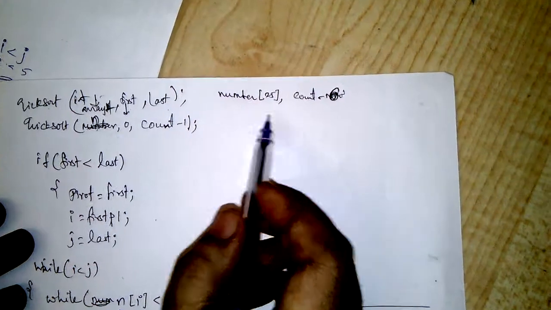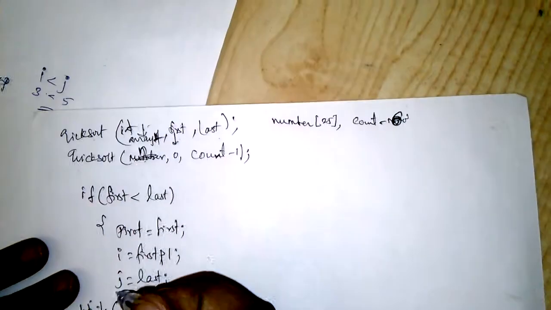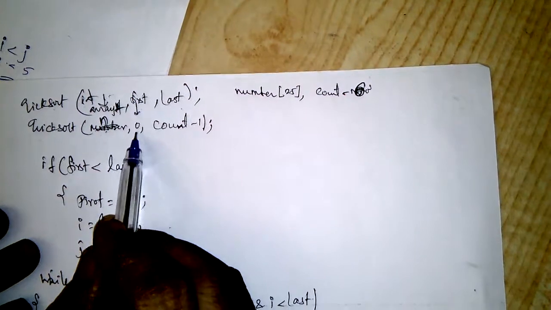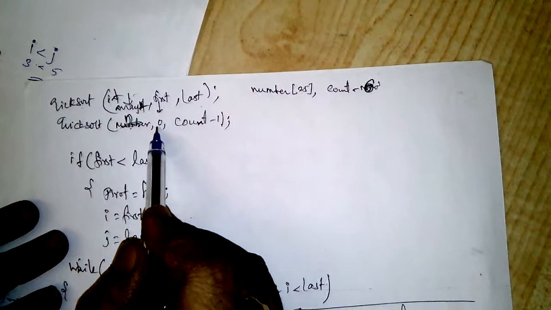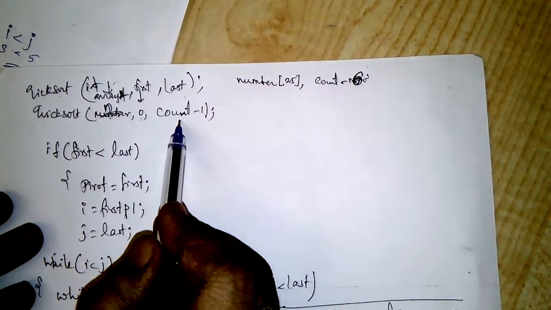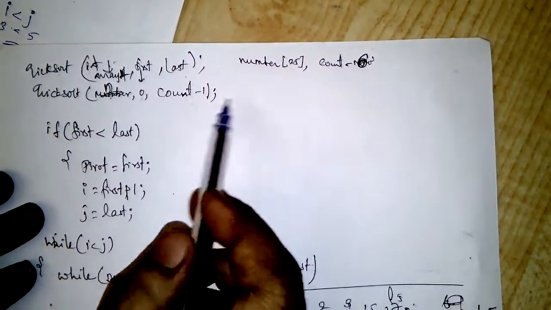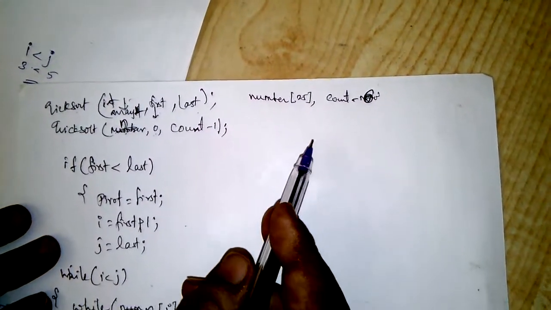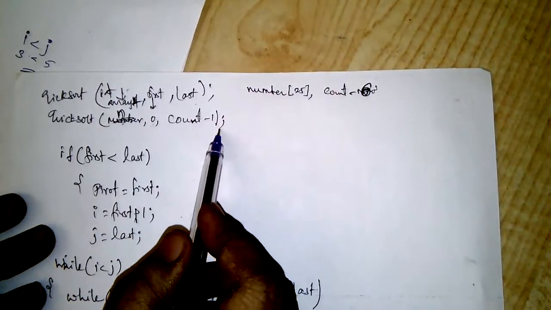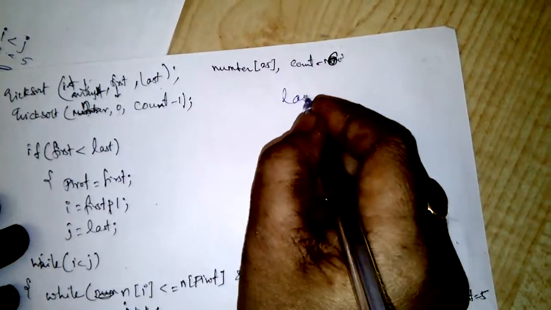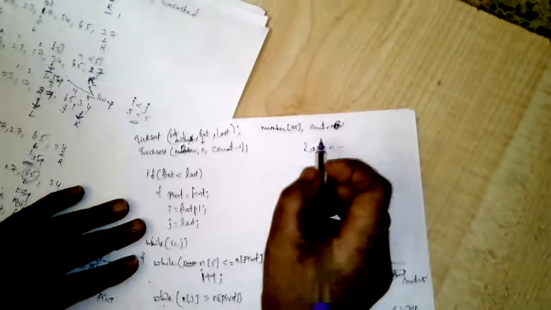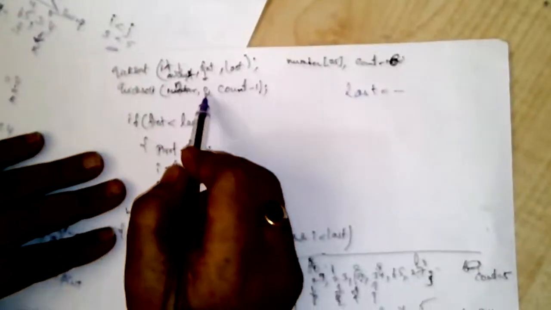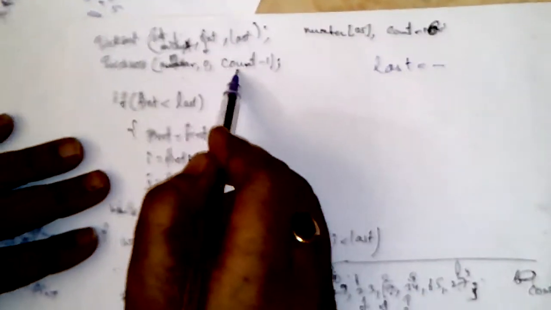The first element has the value 0, and the last element is the number of elements in the list minus 1. Suppose there are 6 elements, then 6 minus 1. I am initializing the values of first and last like this.